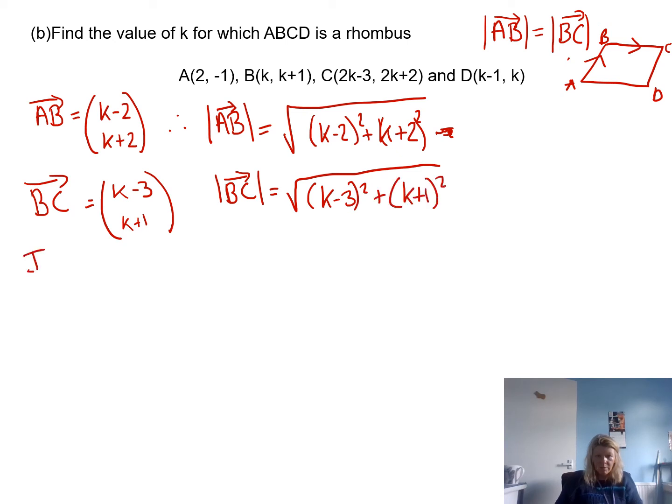So if it's a rhombus, mod of AB will equal mod of BC. So let's just pretend they are and check it works. We're saying the root of that equals the root of that, so basically we could square both sides.